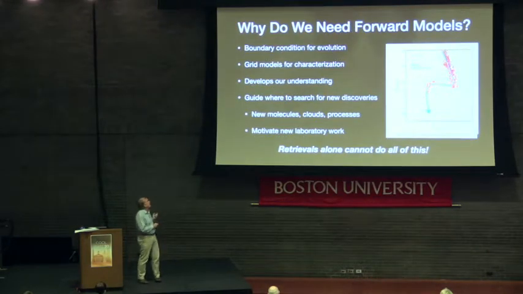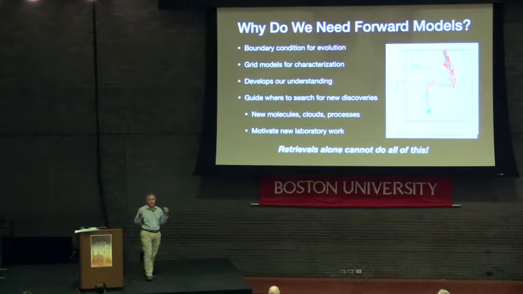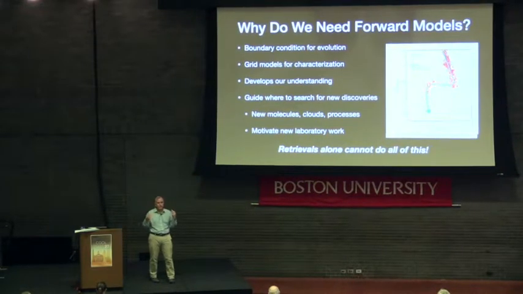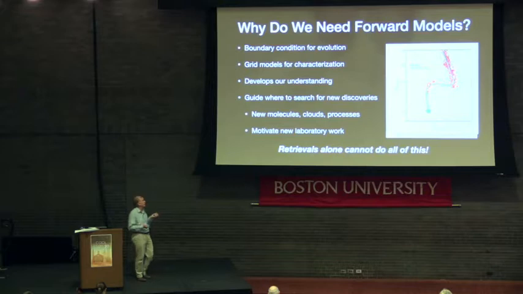So how do we use these things together? Well, first of all, why do we even need forward models at all? First of all, we need them as boundary conditions for the evolution. The atmosphere controls the rate at which the body loses energy to space. We have to have forward models to compute the trajectory through time of a brown dwarf. They give us grid models for characterization. They help us understand what's important. It gives us intuition into what matters, what doesn't matter.